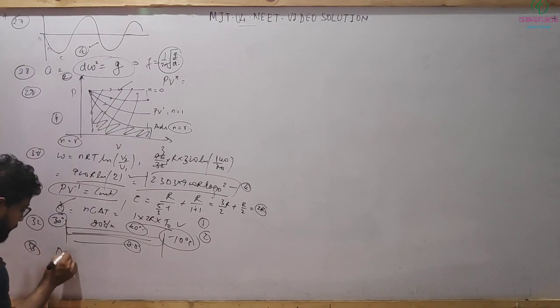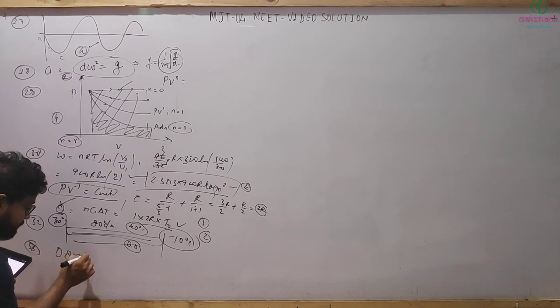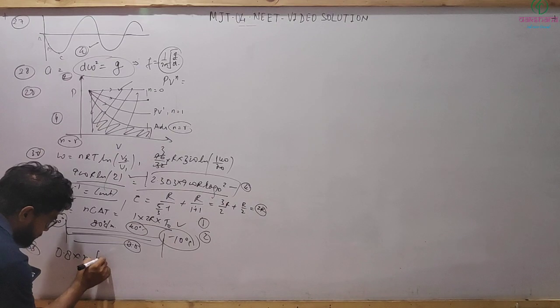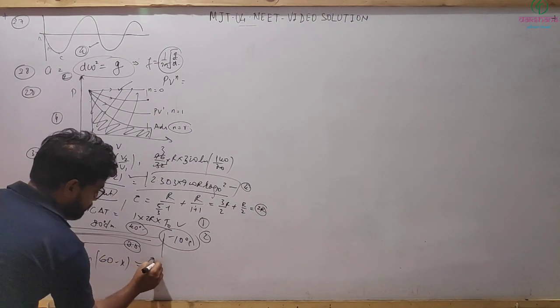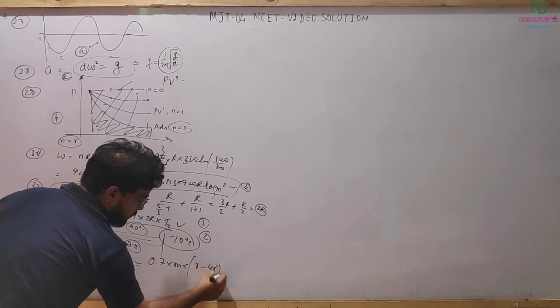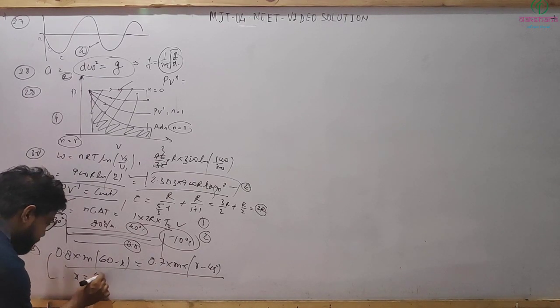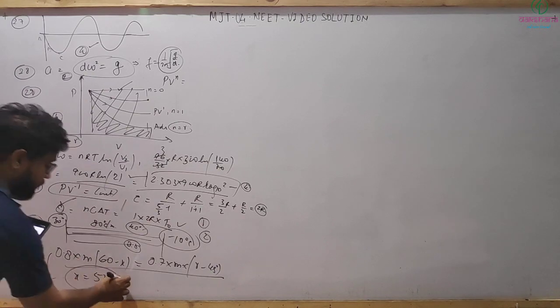Let the amount be m and the final temperature x. So 0.8 into m into (60 minus x) is equal to 0.7 into m into (x minus 45). Solving it, we get x equal to 53 degrees Celsius. This is the answer, matching with option number 3.